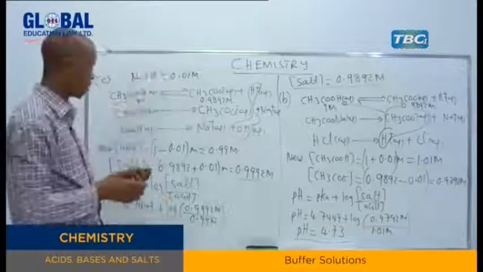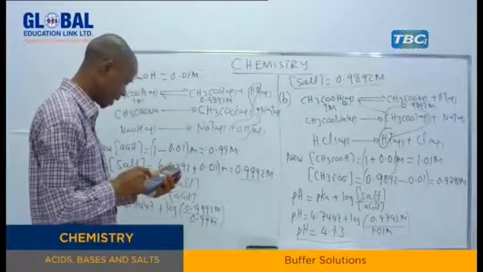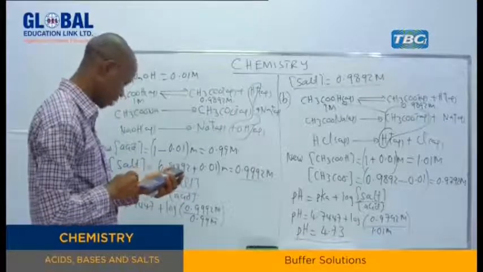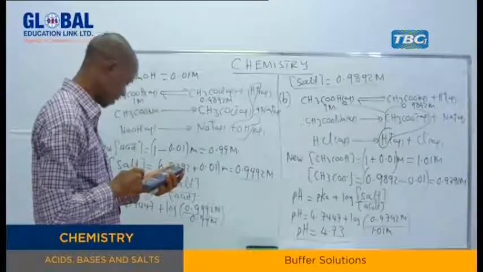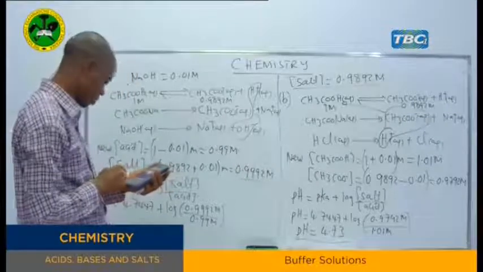So use your calculator to make that simple calculation there. 0.9992 divided by 0.99, logarithm of the answer is that one.